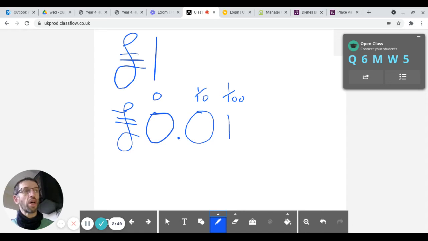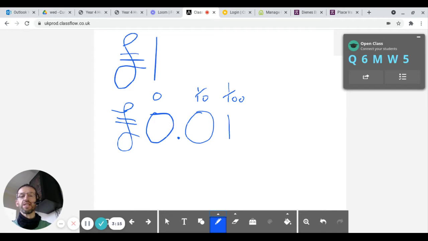We have centimeters and meters. A meter is a really long thing. Mr. Bowes is nearly 2 meters tall. So as you can imagine, a meter is quite a long thing. And a centimeter is just 1/100th of a meter. So if I had something which is a centimeter, which is about the width of my thumb, maybe my finger, that's a centimeter from one side over to the other.